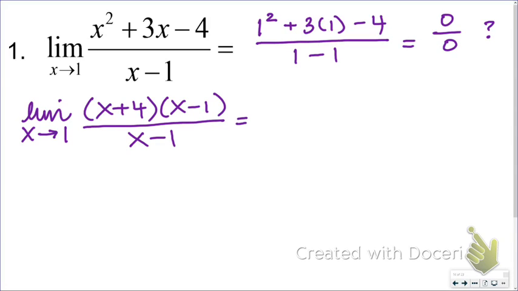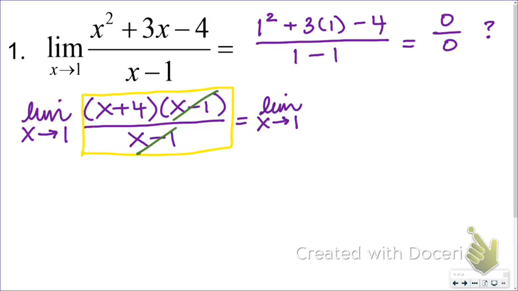And when you're evaluating a limit, you can just go ahead and cancel out a factor common to the numerator and the denominator. Because while I know this expression is undefined when x is 1, remember that for a limit, we don't care about what's happening at x is 1. We care about what's happening around x is 1. So I'm just going to get rid of that common factor. That's gone and that's gone.